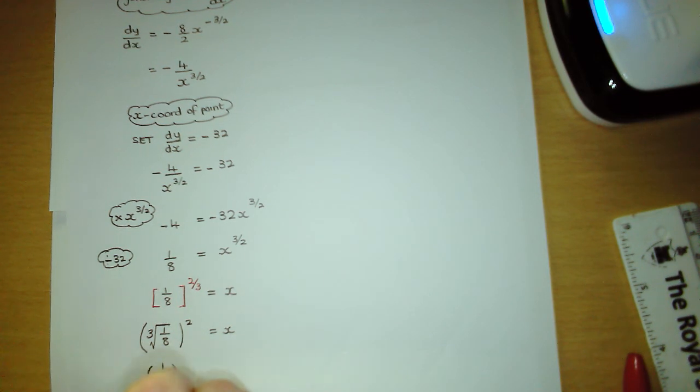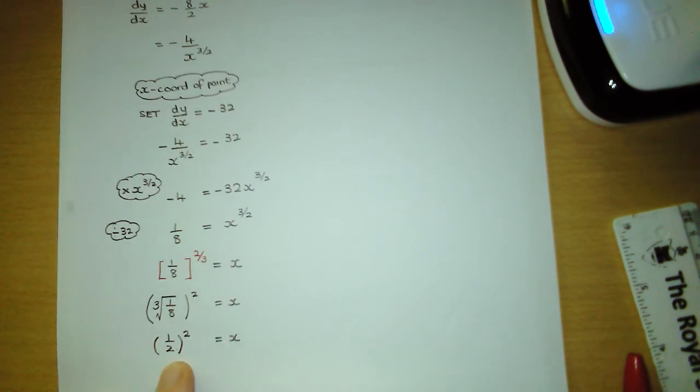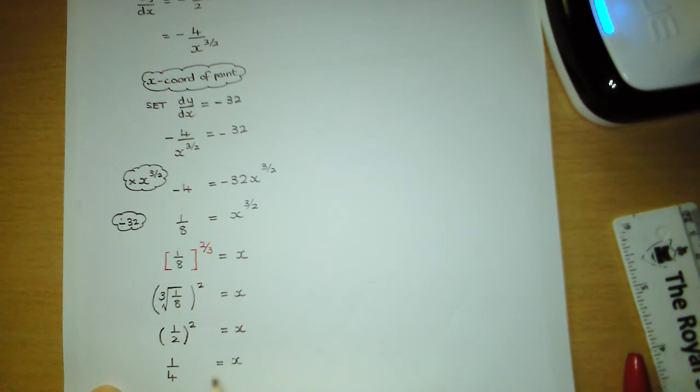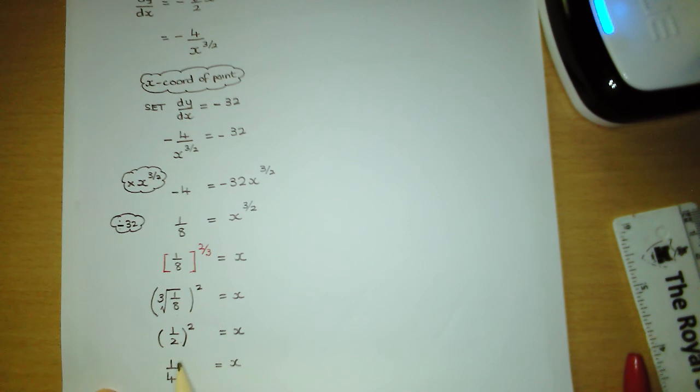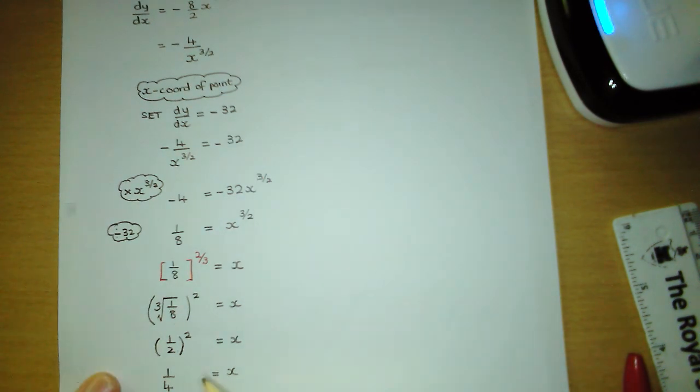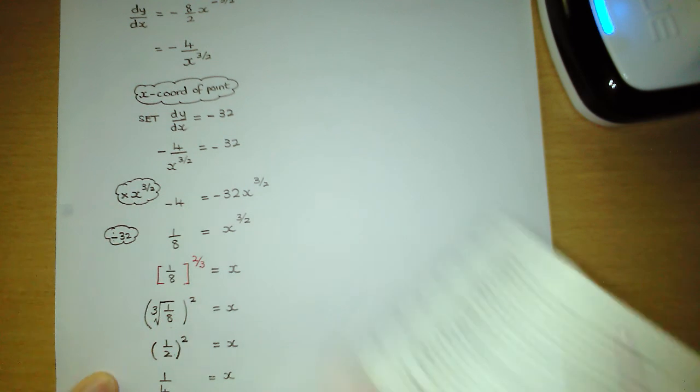You could also use surd rules and take the cube root of 1 and the cube root of 8. Again, you'll get the same result. And then that's all to the power of 2. And then we're just going to multiply 1/2 by itself. So we're going to get x is just 1/4. So after all that work, we've just worked out the x coordinate of the point on the curve where the actual gradient is minus 32. Now we've got to get the y coordinate of the point.